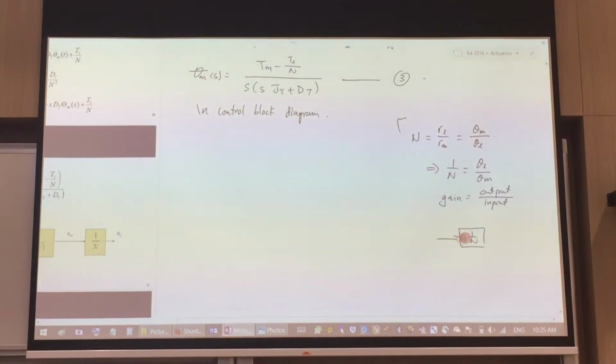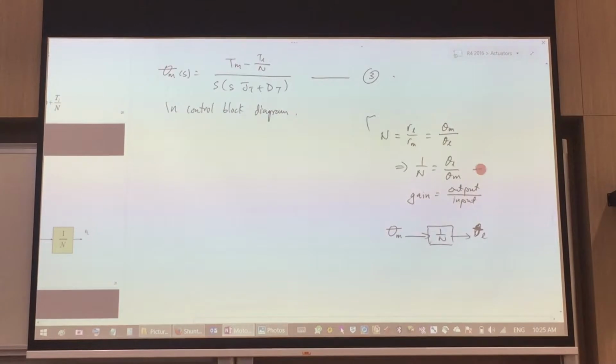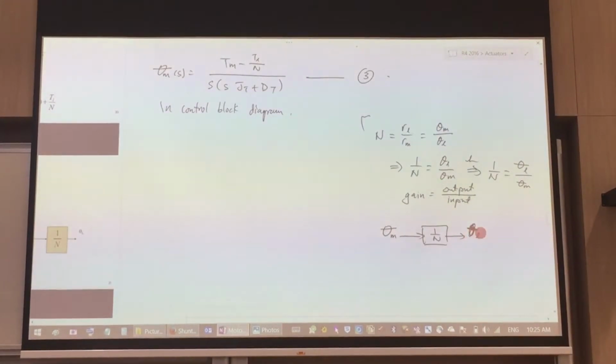So I can sketch this sort of thing in that way. 1 over n, output will be capital letter theta L, input capital letter theta M. How I got this is because this can be transformed under Laplace to be 1 over n equal to theta L over theta M. So if I have this, then I could establish my control block diagram.